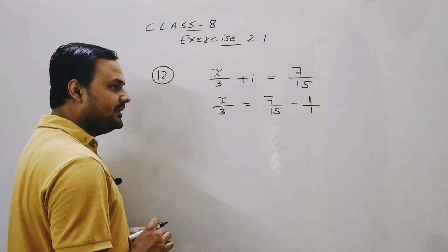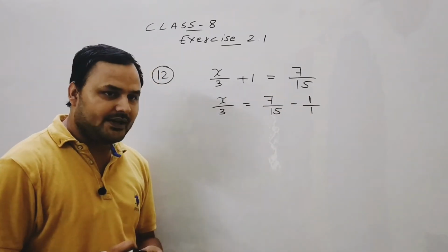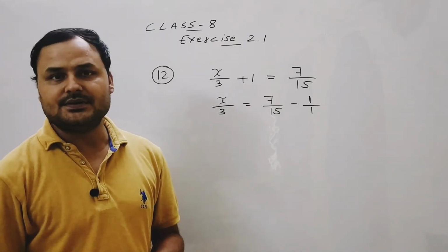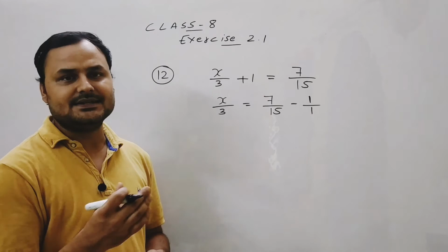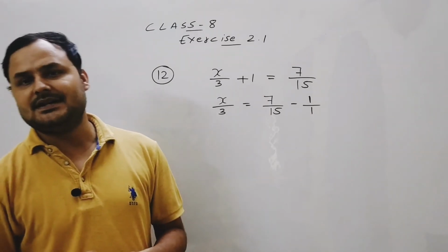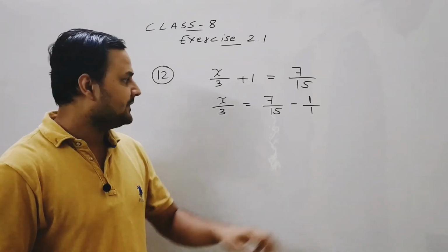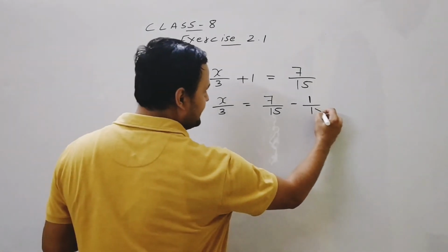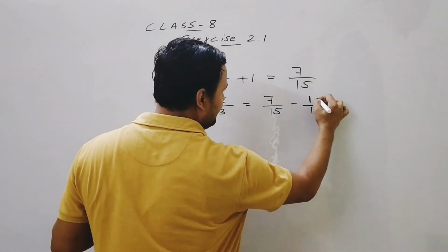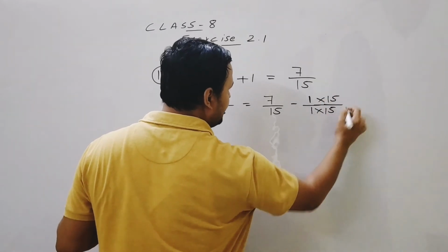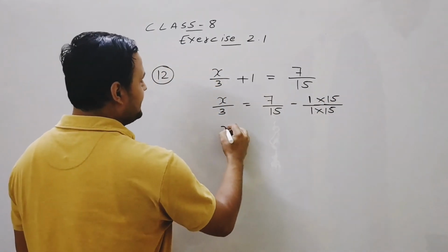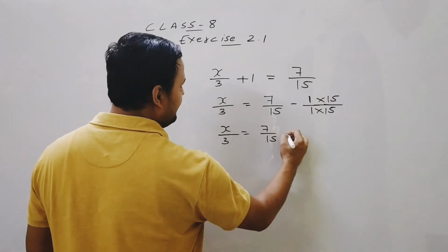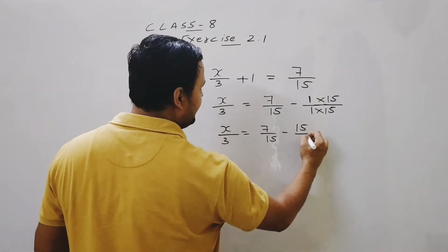I told you in the last video also, if we have two numbers like 1 and any other number, the LCM of these two numbers is the other number. Like LCM of 1 and 10 is 10. So here LCM of 1 and 15 is 15. So this I have to multiply with 15 and this also multiply with 15. So I got x by 3 equals 7 by 15 minus 15 by 15.